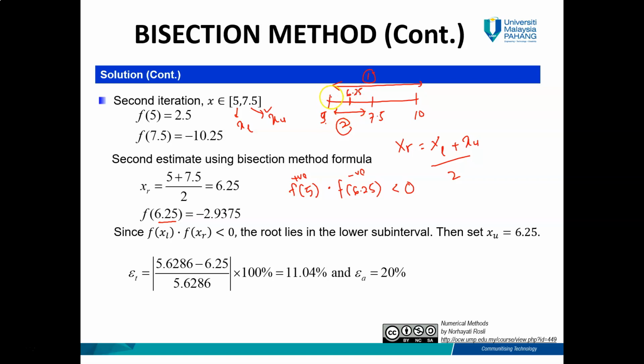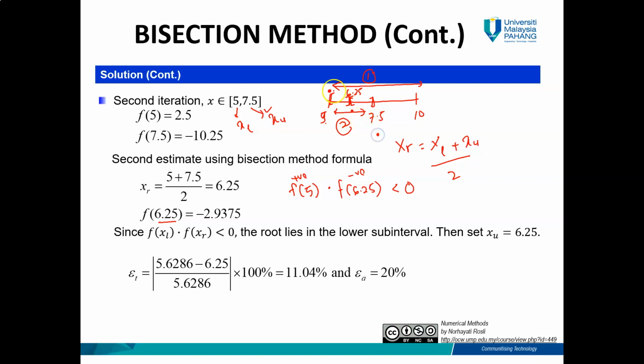So from this, we can decide our new interval, which is either 5 to 6.25 or 6.25 to 7.5.